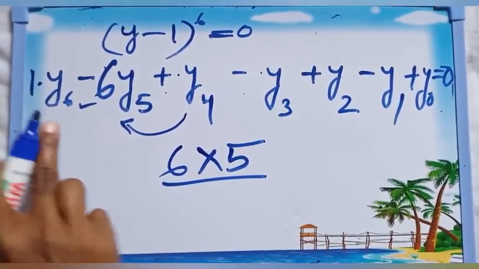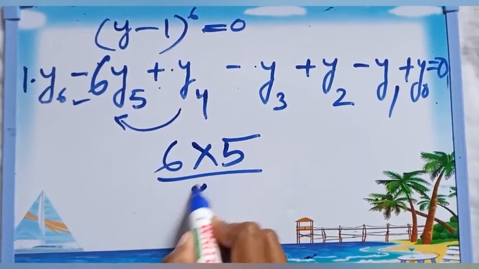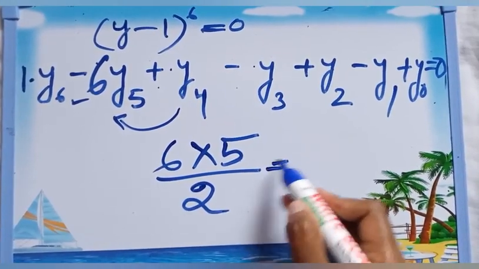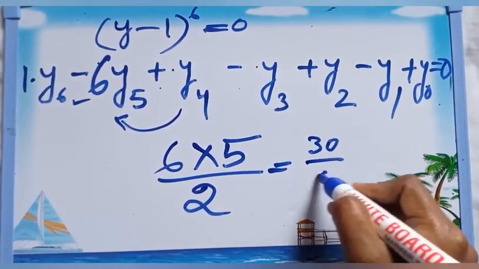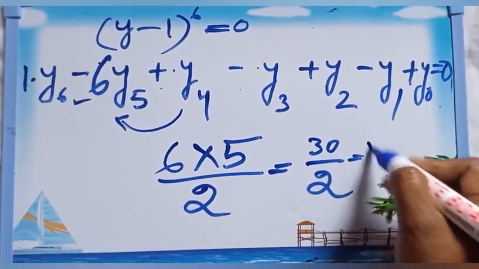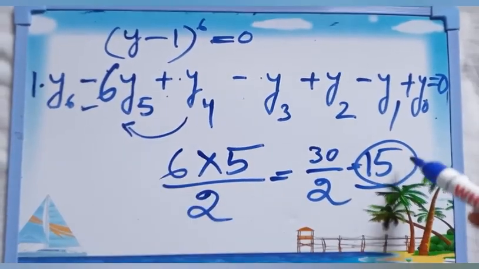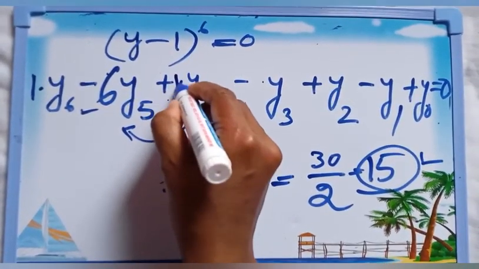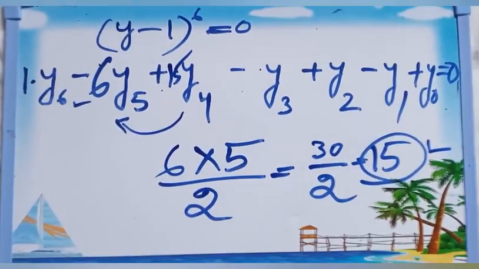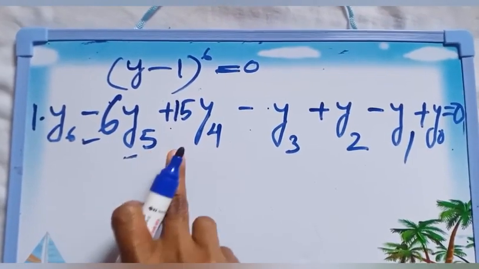Previous rank: this one first, this one second, so you write 2. Then 6 into 5 is 30, divided by 2, that is 15. We got coefficient 15 for y4. Then we have to write 15. This one 6 and this one 15.